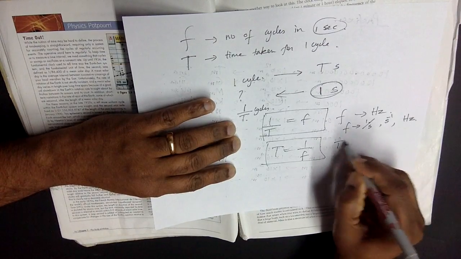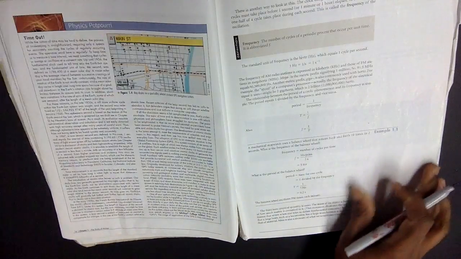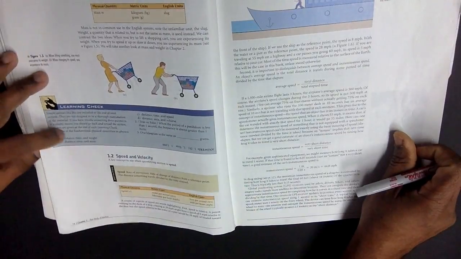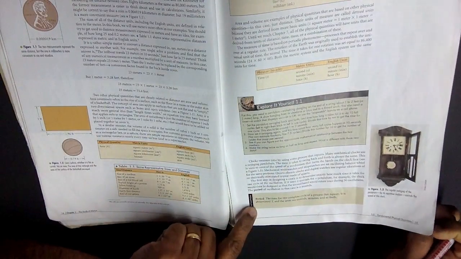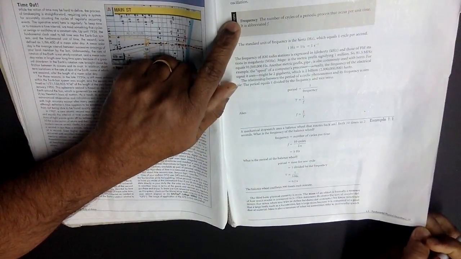Whereas time period is measured in seconds. Okay, so if you look at the definitions on these pages, you'll see it. Time period is defined here on page 15, and frequency is defined here on page 17.